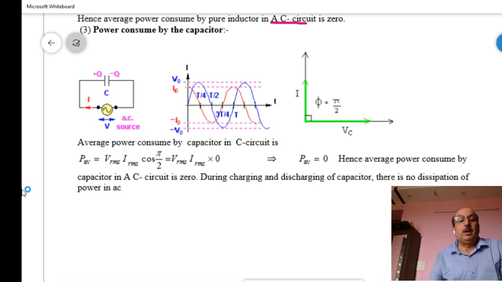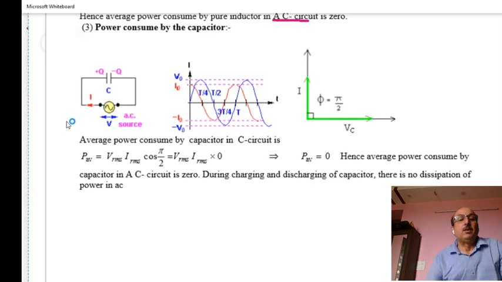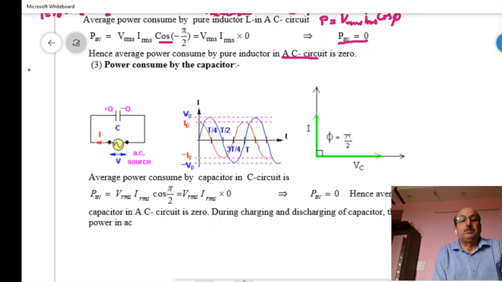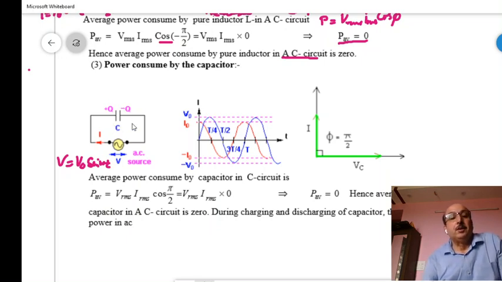Here we are using again the source voltage V is equal to V naught sine omega t and the current equation we know, I is equal to I naught sine omega t plus pi by 2.